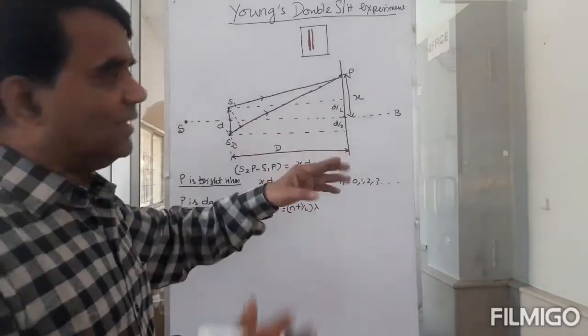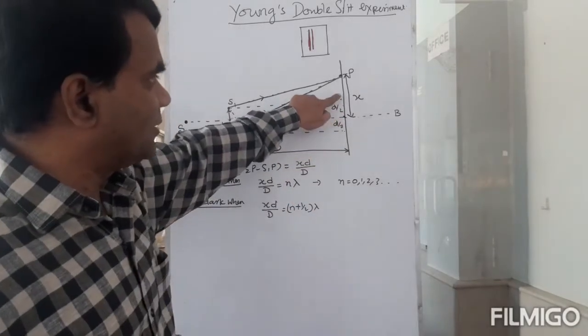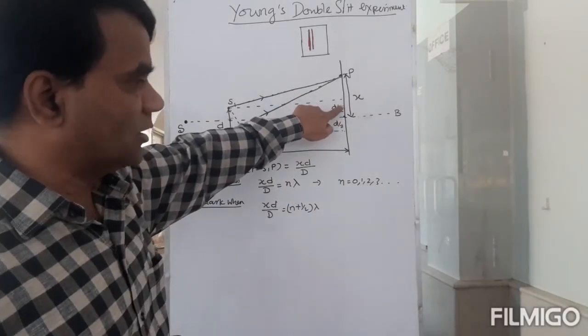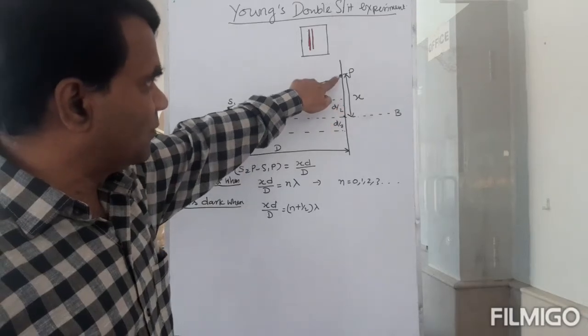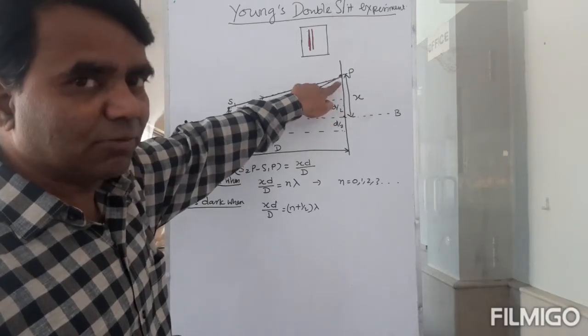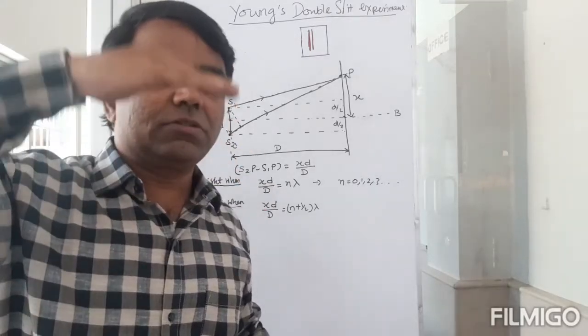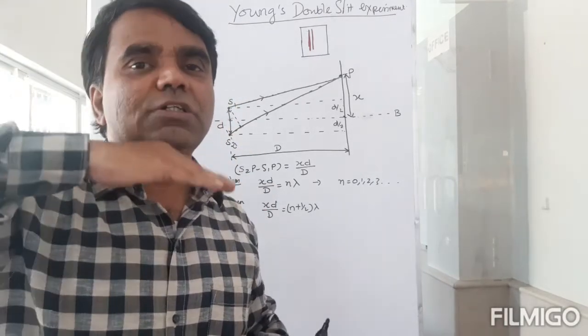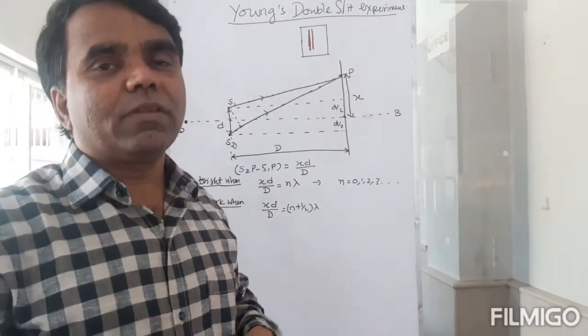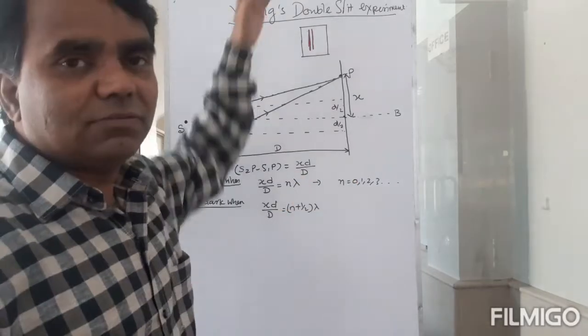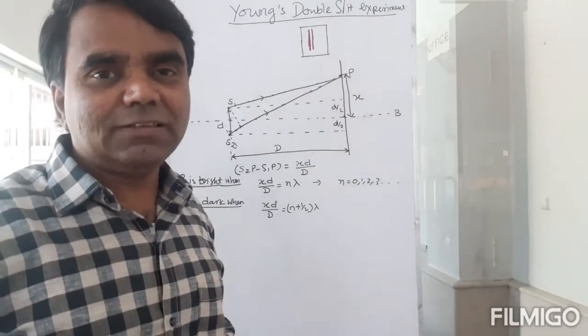So what you can see is that you have a bright spot here, and in between you will have a dark spot. Then another bright spot, so in between you must have a dark spot again. So you will see bright spot, dark spot, bright spot, dark spot, stacked up alternately. The intensity will vary.